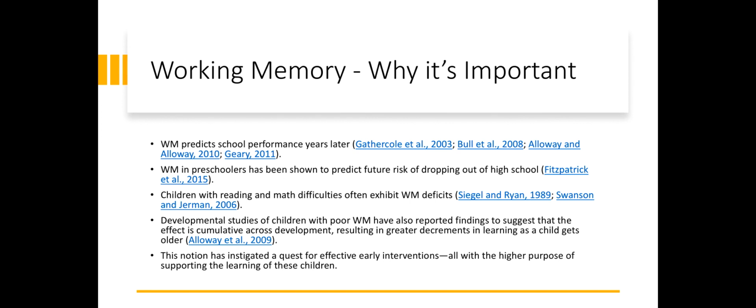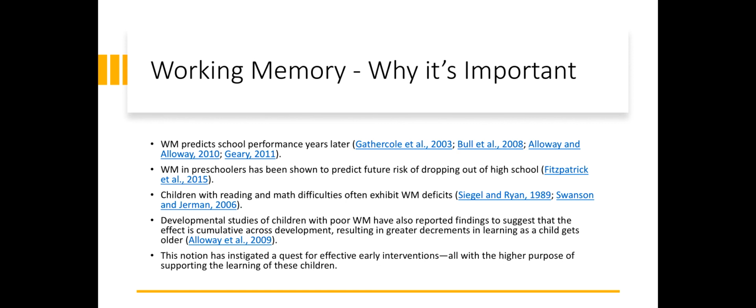Children with reading and math difficulties often exhibit working memory deficits, so these are the children we need to help. These are the children we need to target. Developmental studies of children with poor working memory have also reported findings to suggest that the effects of this are cumulative across development, and this results in greater issues with learning as the children get older.